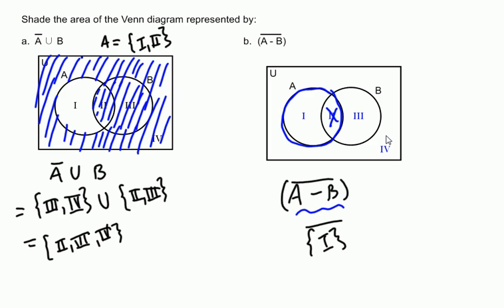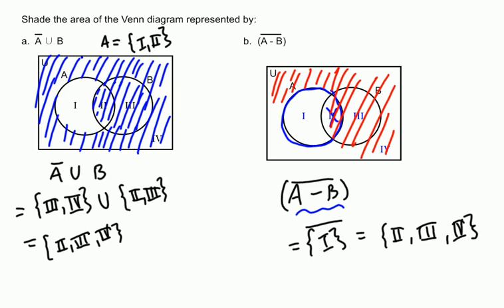Okay, so the complement of 1 will be 2, 3, and 4. Okay, which, I'll just use red to shade here, will be everything here. Okay. And if you notice something, these two gave us the same exact shaded regions.